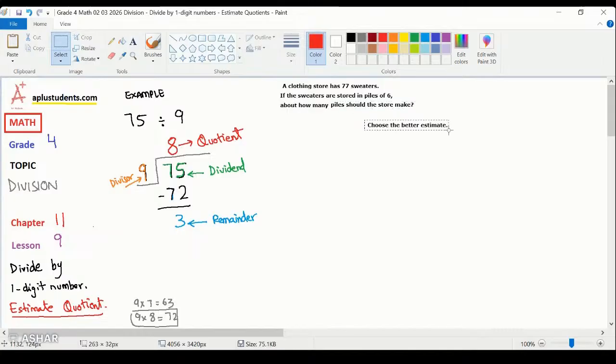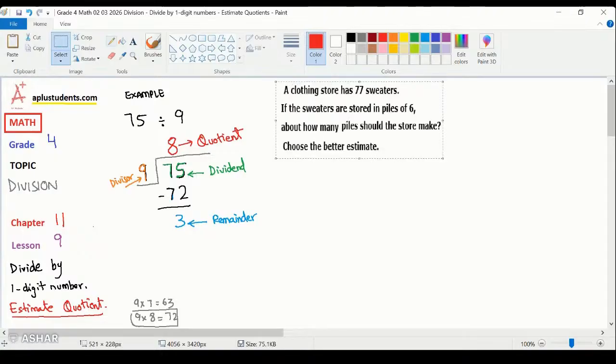Choose the better estimate. A clothing store has 77 sweaters and they were piled up in piles of 6. How many complete piles were made?